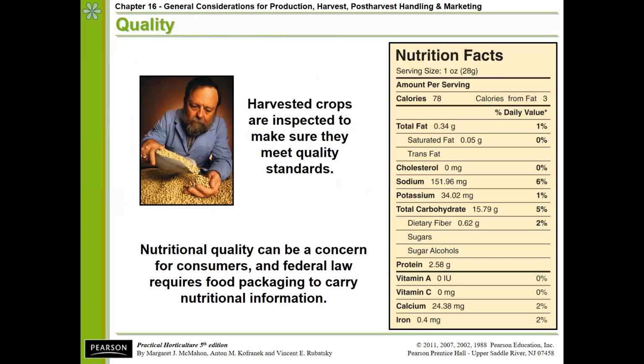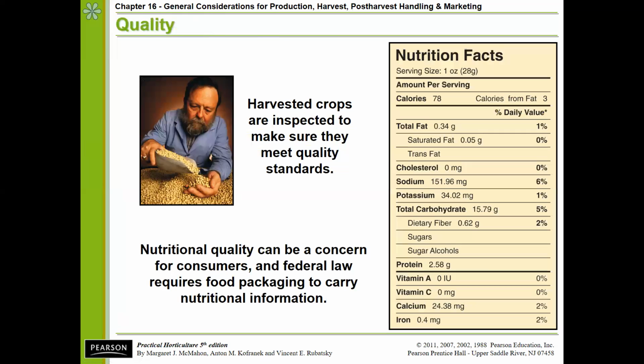So there are inspectors to actually look and make sure that crops achieve quality standards. And as you know, nutritional quality is a big deal. More recently, I think people are more aware of the nutritional information.